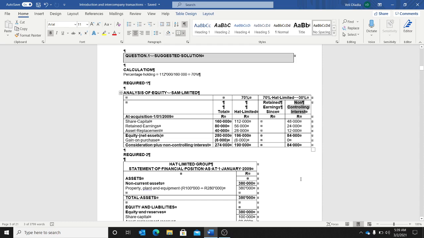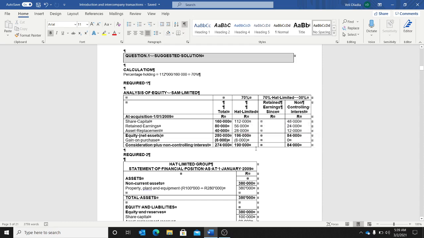You take the amount as it is, you put a 0 here. You say it's 84 at the end. Now, 190. So there's a gain on purchase of 6. Then that 6 is here because 0 plus this one gives you the one at the end.